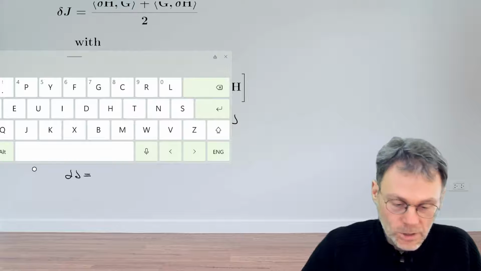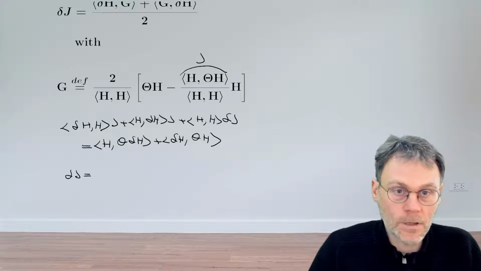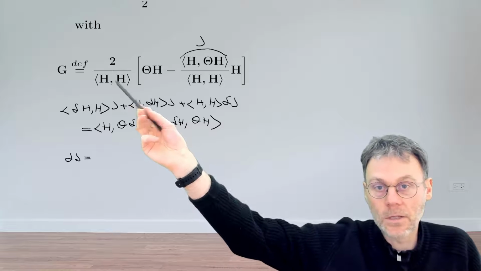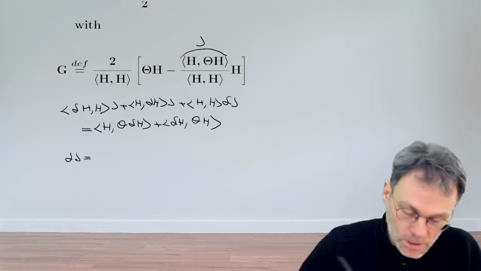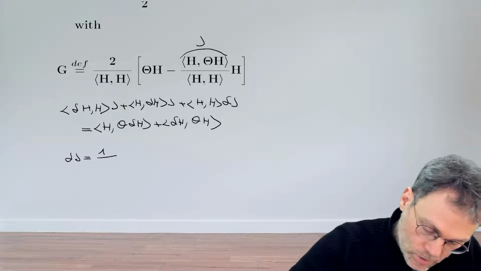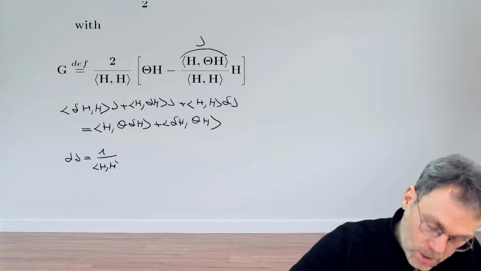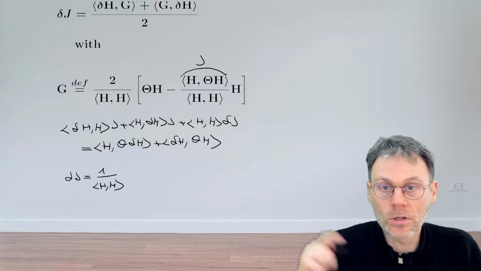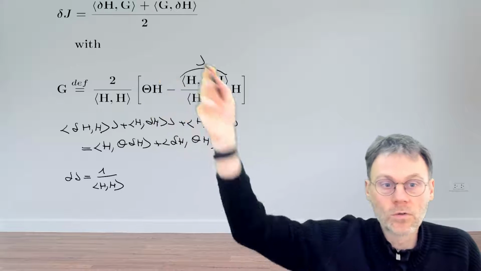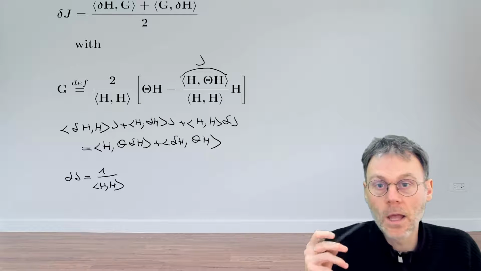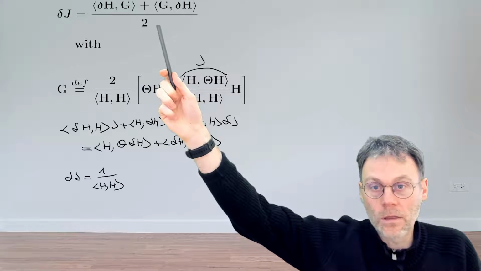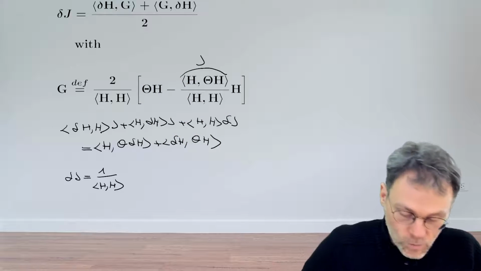So delta J becomes, so one thing you will notice is that we have these 1 over HH everywhere. So let's first write that. So it's 1 over HH. And then the factors 2 over here and 2 over there will cancel. And let's now calculate the delta H with G. So let's see what that gives us.